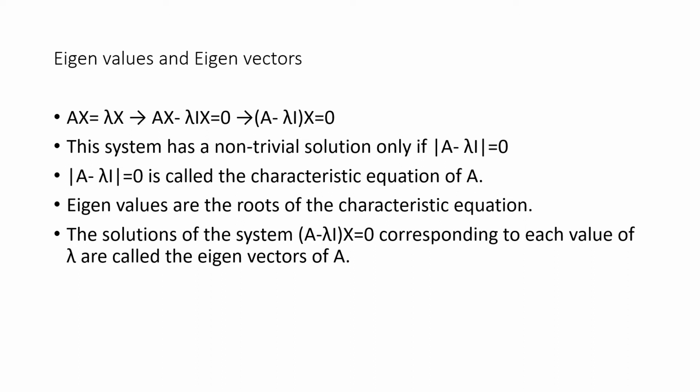Determinant of A minus lambda I equals 0 is called the characteristic equation of A, and this will be an nth degree equation in lambda. Eigenvalues are the roots of this equation. For each lambda, we can solve the system (A minus lambda I) x equals 0, and the solutions are the eigenvectors corresponding to these eigenvalues.